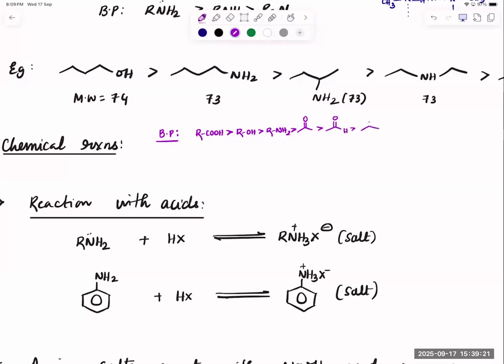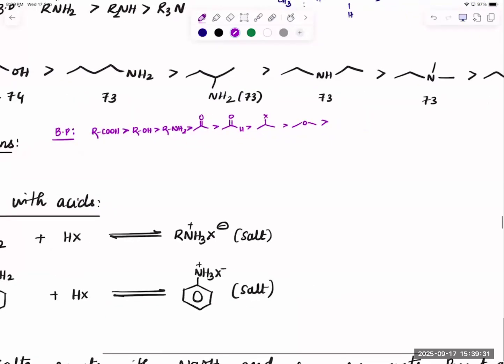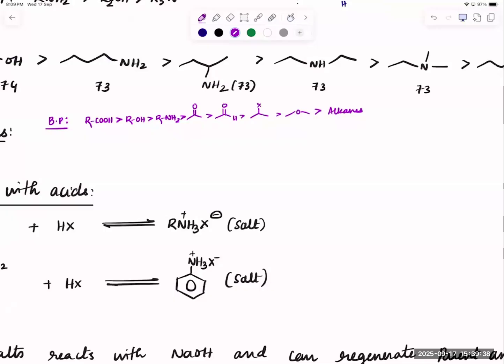Thereafter comes alkyl halides, then comes ethers. After ethers, this is where you will have alkanes. Got it? So across functional groups, this is the typical order of boiling point for comparable molar masses.